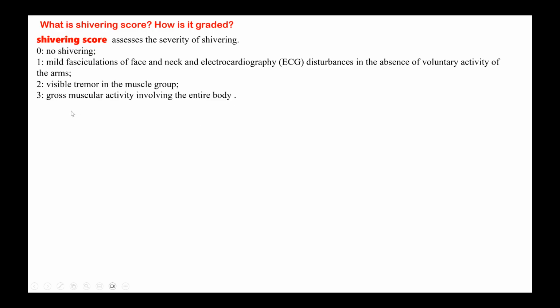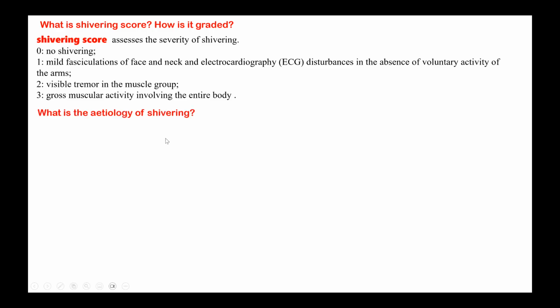And grade 3 is when the entire body goes into contractions and relaxations. That is the gross muscular activity involving the entire body. So there are 4 grades. Of course, grade 0 has no significance, but depending upon the severity, it is classified into 1 to 3 mostly.